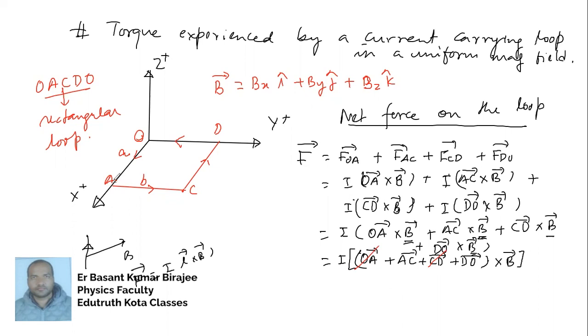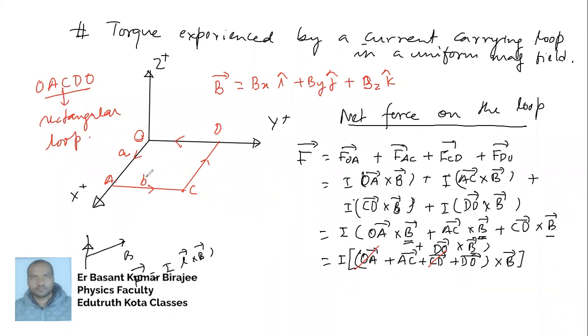Similarly, see here, your AC vector and DO vector have the same magnitude B, both have length B. It is rectangular, so opposite sides have the same length.